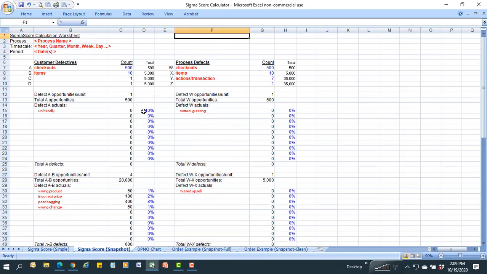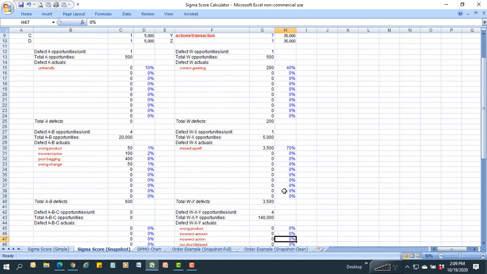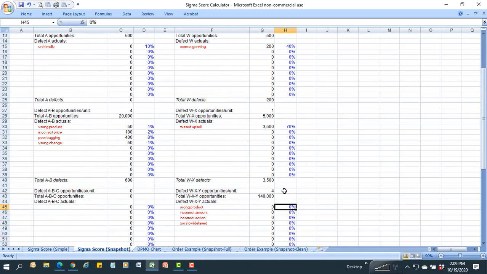as I see my way through. On the other side, I might find that management observes the workers and finds actually that 40% of the time they don't give the correct reading. It's fortunately only 10% of the customers consider it unfriendly, but in fact 40% of the time they don't meet our standard for the greeting. Turns out that 70% of the time they forget to do any kind of upsell, and down here on the wrong product they actually only do the 1% of the time the customers perceive.